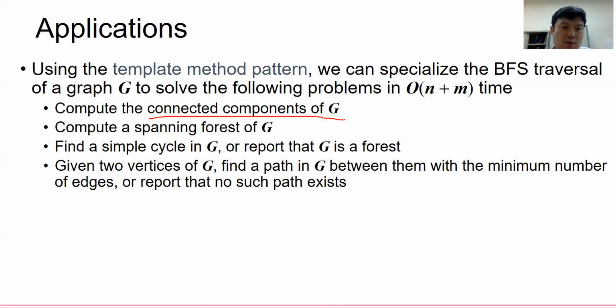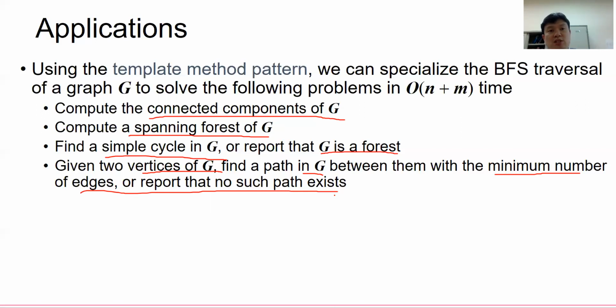It's not that long. Okay? And then you can compute the spanning forest of G. You can find a simple cycle of G and report that G is a forest. And given two vertices of G, find a path in G with the minimum number of edges, or report that no such path exists.